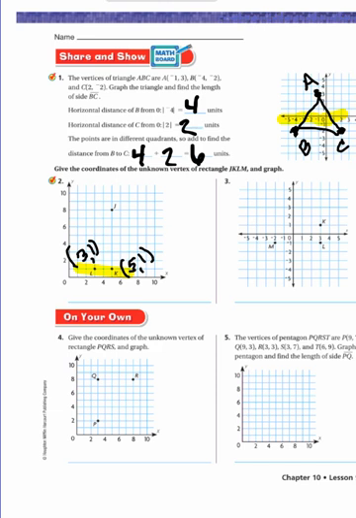So we know if we are going to make a rectangle, we need to have 2 straight lines on this side. And the opposite sides are going to be parallel and they're going to be the same length. So the length between J and M needs to be 2 units, like between L and K. So we're going to draw a coordinate right there and we're going to label it M.